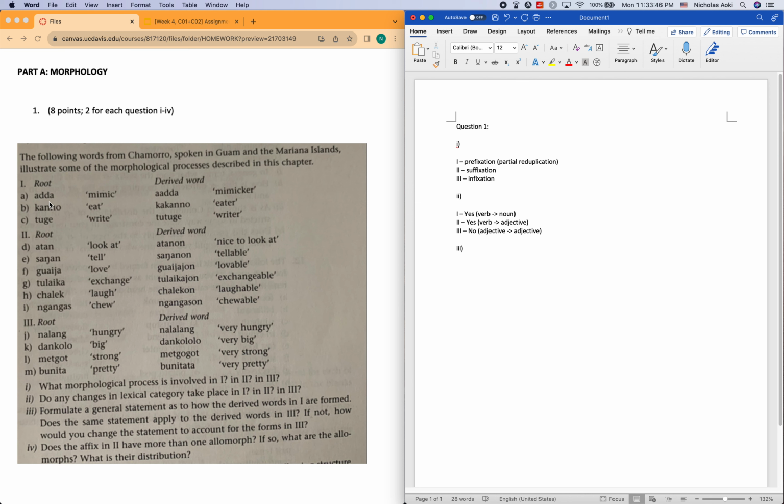We're doubling the first syllable, a, ka, and tu, and we're adding it to the beginning of the word. So ada to aada, and so on. So in number 1, we are doubling and prefixing the first syllable of the root to get the derived word.